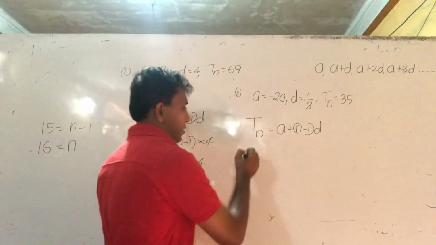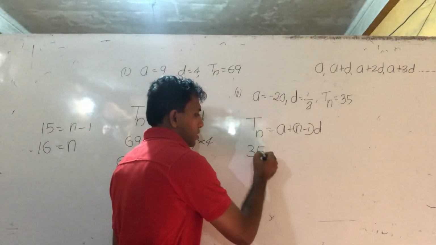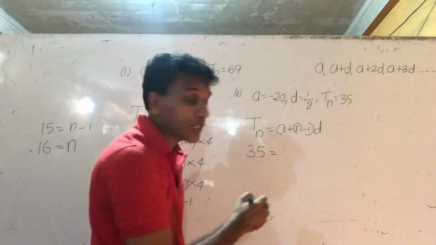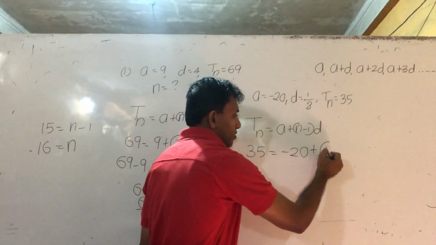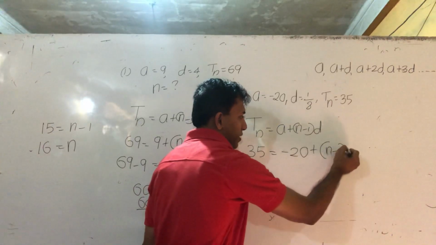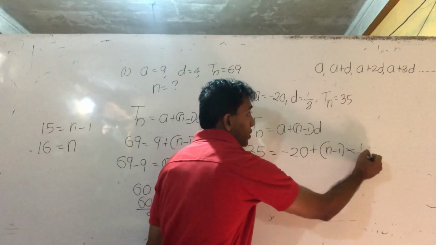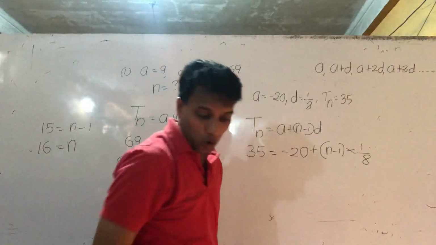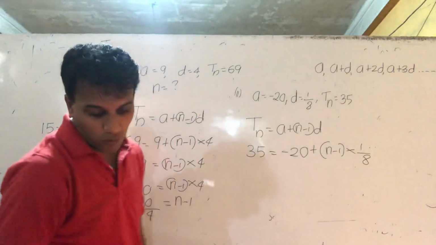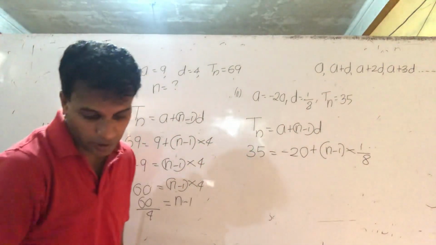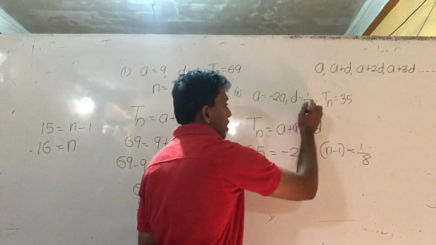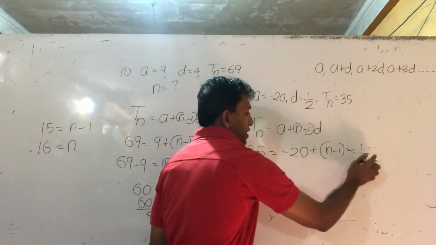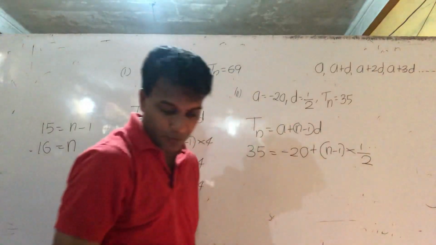Tn for 35, a for minus 20, plus n minus 1, and you will find the value of n. Common difference is one over, sorry, I missed that. Common difference is half, right?